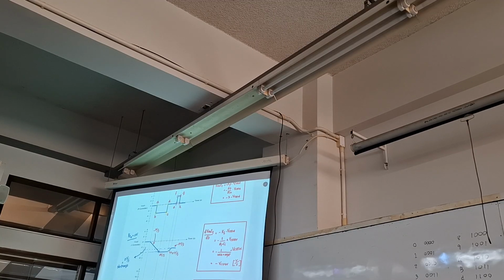Okay, the last one. The last one must be H, at H position. At H position, you will have 0 and minus 3. So minus 0 plus minus 3. Then you will get plus 3.